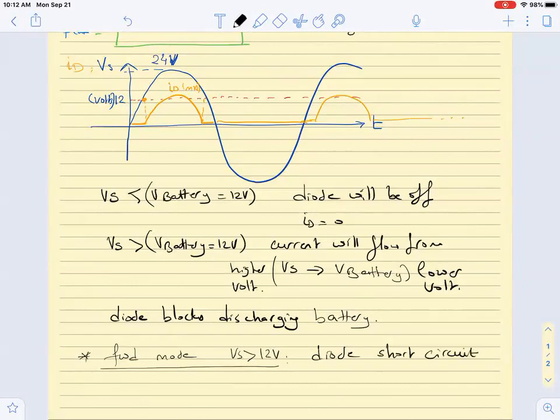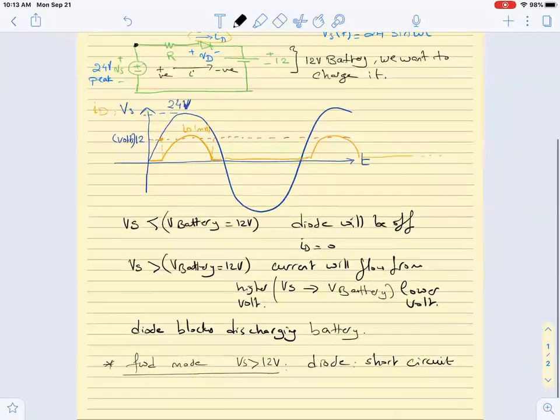And we will have a model for the circuit which looks like this. We can draw it as VS, there is a resistor R, the diode is a short circuit, and then I have 12 volts here. ID is in the direction of the diode current from before.